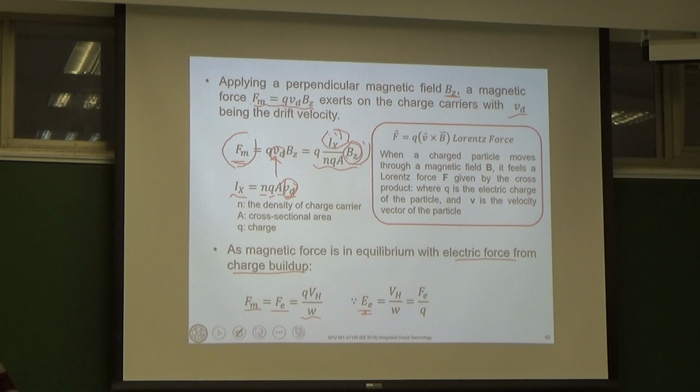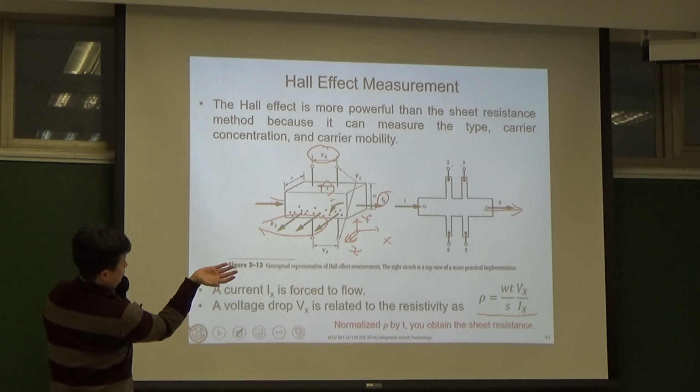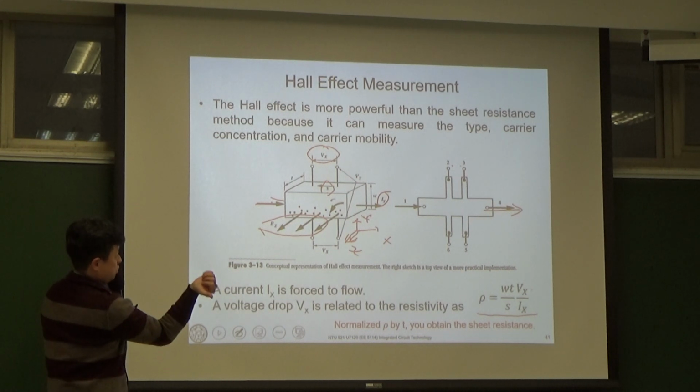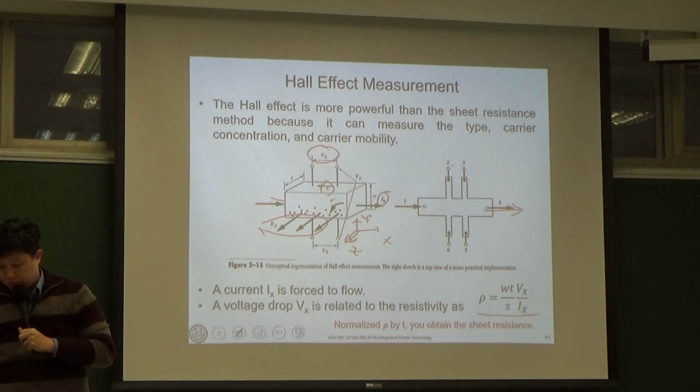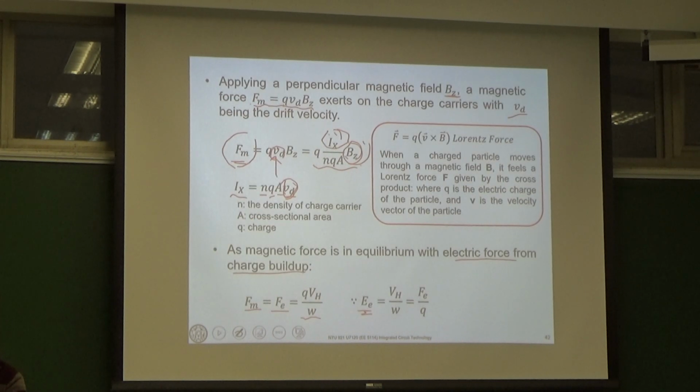Negative? Okay, take out your right hand. X is in this direction, right? And Z is this direction. So this points downward, in the negative Y direction.